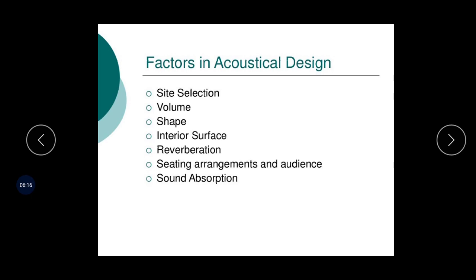If that sound is transferred through the vents or air conditioning ducts inside the building, it will be noise, so it should be avoided. So these are the points that you have to consider in site selection.